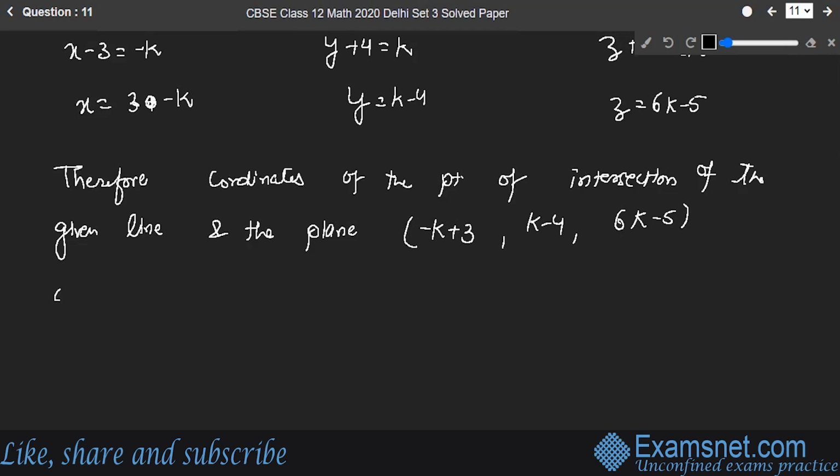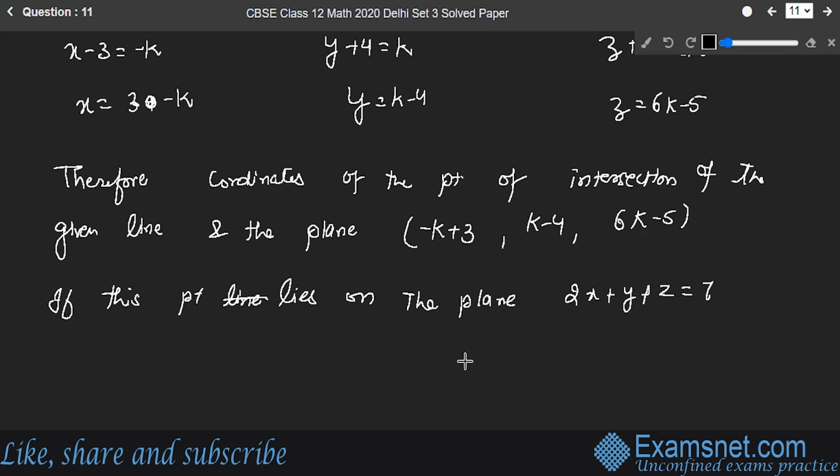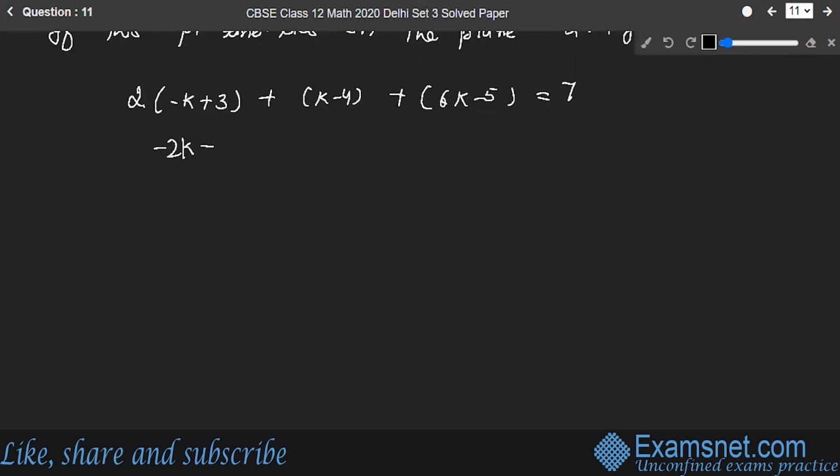Now, if this point lies on the plane 2x plus y plus z is equal to 7, this means 2 into minus k plus 3 plus k minus 4 plus 6k minus 5 is equal to 7, minus 2k plus 6 plus k minus 4 plus 6k minus 5 is equal to 7, which gives you, wait, not 7, this is 5k. So 5k is equal to 10, which gives you k is equal to 2.